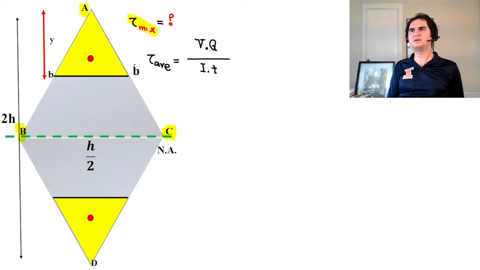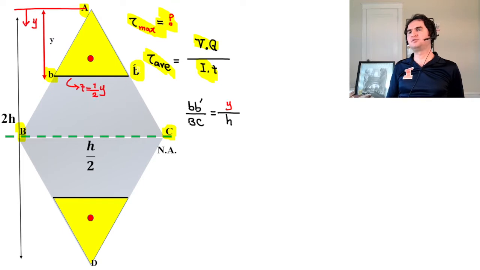We want to calculate tau maximum in the rhombus, and tau average is VQ over I times T. So if you look at the base of our element at the top, the yellowish element, that's the base for that.